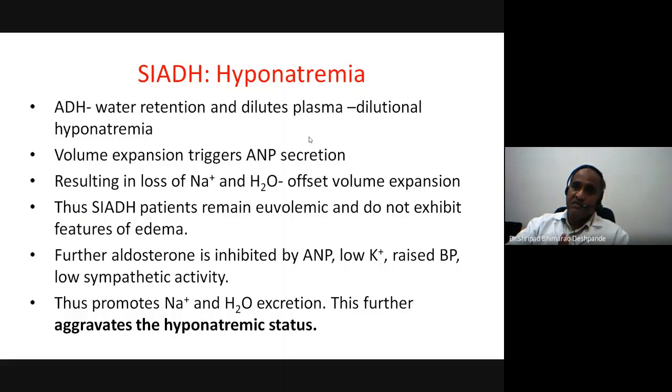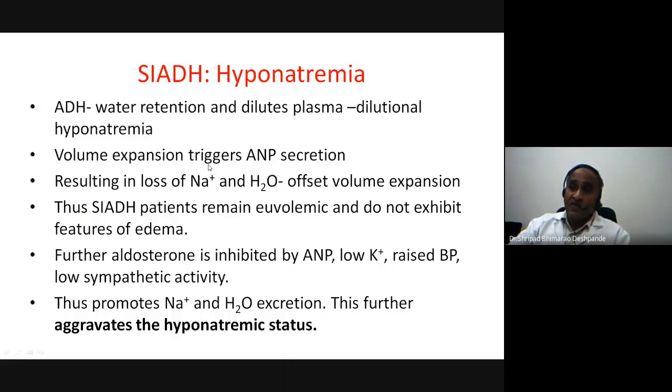This atrial natriuretic peptide is secreted from the heart, reaches the collecting duct via the circulation, and results in sodium loss from the collecting duct. That means it does not favor sodium retention, it favors sodium excretion in the urine. And sodium excretion is associated with water movement, so they go hand in hand. Sodium and water move out in the urine. Thus, the body eliminates the sodium.